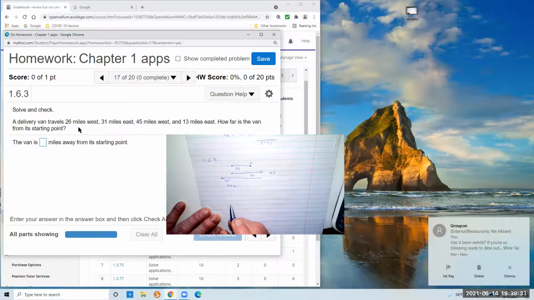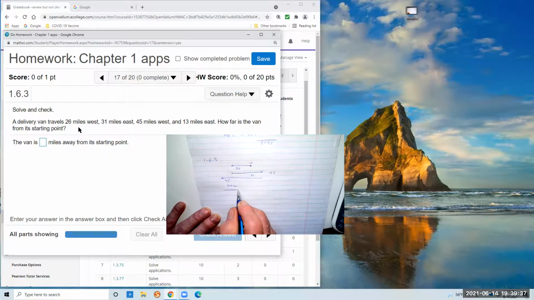And then finally, we're going to go 13 miles east of this starting point. How far are we now from 0? Well, we were 40 miles west, and now we want to be 13 miles closer to the origin. So we need to take 13 away from 40, or we are 27 miles west of the starting point.